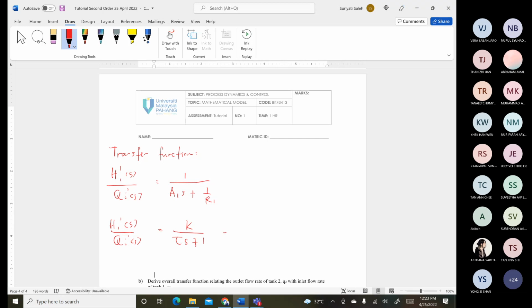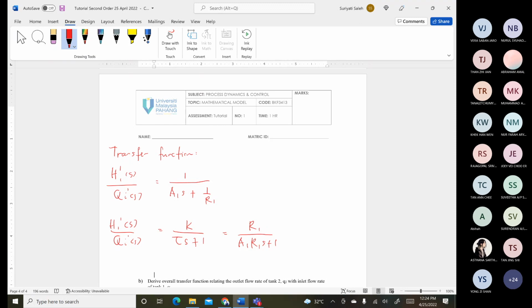This, which has been explained in the previous chapter, we rearrange and get R1 over A1 R1 S plus 1. So this represents the first order transfer function, where you have H1 prime S over Qi prime S.